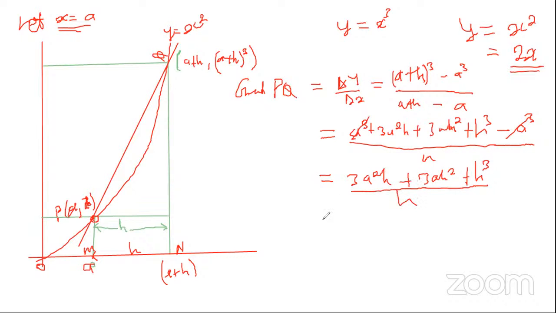So on dividing through by h, what do we have? 3a squared plus 3ah plus h squared. So that would be the gradient of PQ.